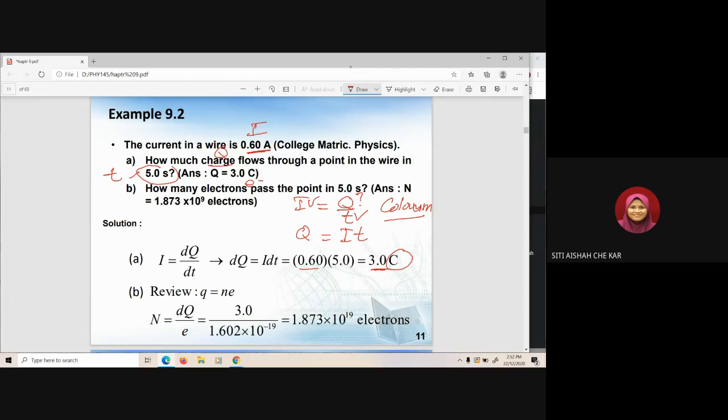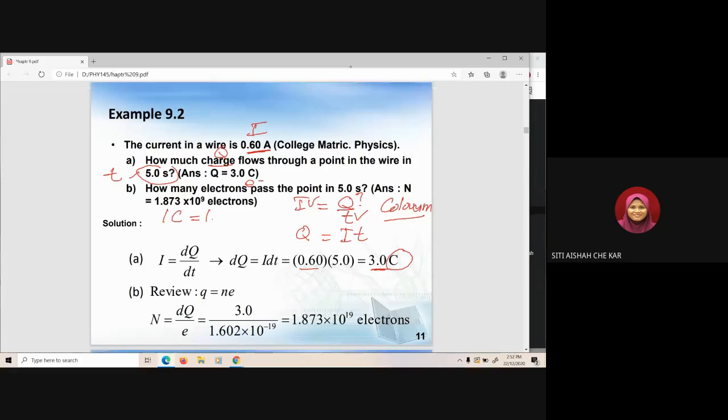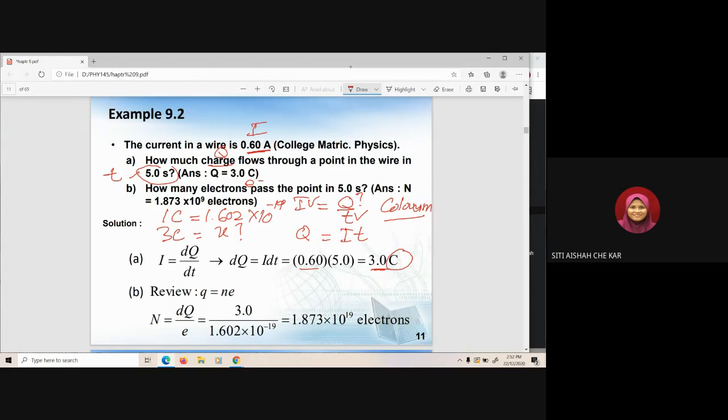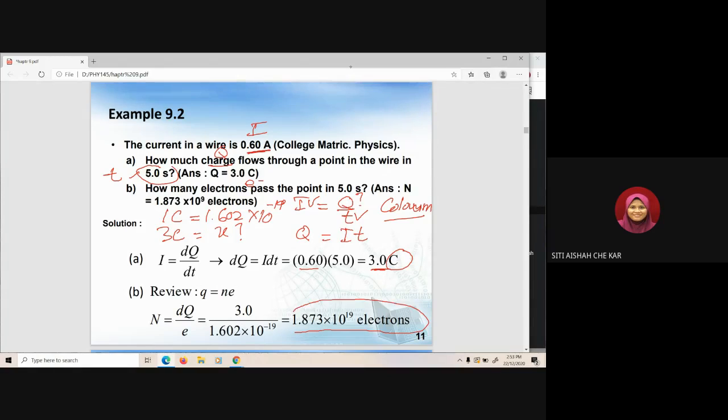We know one coulomb equals 1.602 times 10 to the power of negative 19 in charge per electron. So we just divide. If we have 3 coulombs, we divide 3 coulombs by 1.60 times 10 to the power of negative 19. So we have 1.873 times 10 to the power of 19 electrons. So we have billions of electrons flowing through this wire in just 5 seconds.